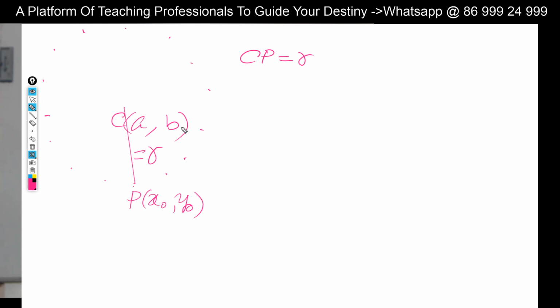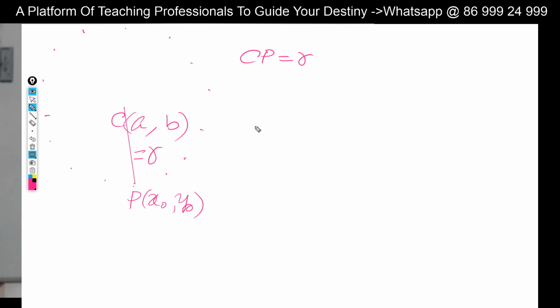In all these infinite points, I have taken a particular point as P x naught y naught. Because this P x naught y naught is lying on the locus, or is a member of the set of points, it must satisfy the definition. What is the definition? It is at a distance of r units from the center. This r is also taken by us. It is a fixed distance or equal distance.